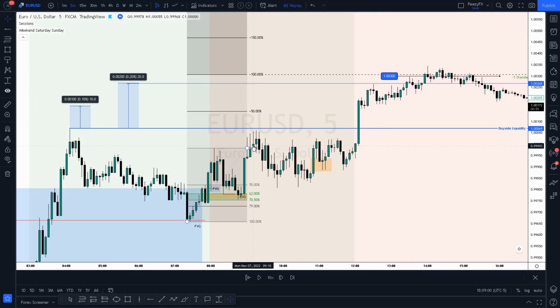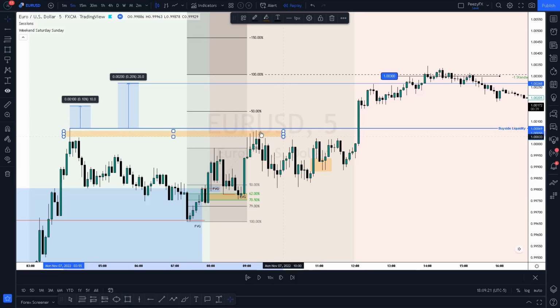Although I did not wait on that to happen, I feel like this run up right here got close enough. But from this moment, I knew that this was a beautiful target for a re-entry because now we have relative equal highs, which is going to be retail traders' resistance zone, double top.